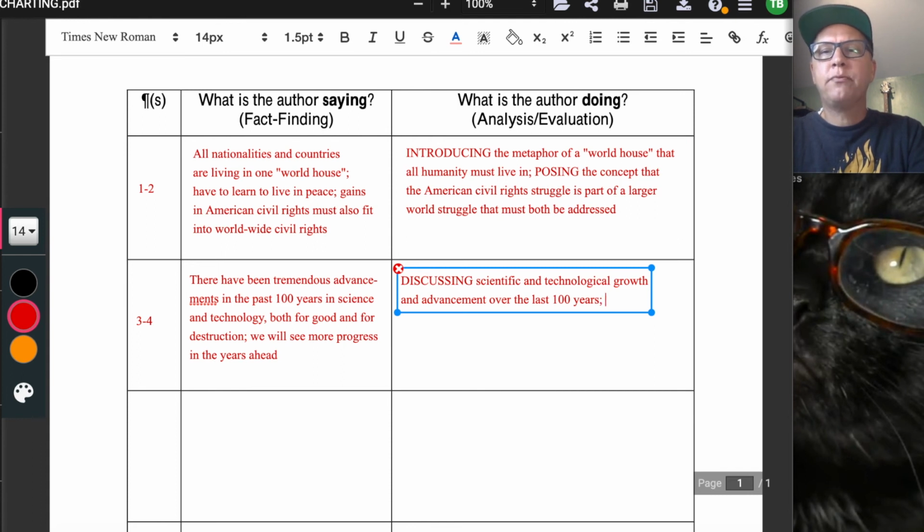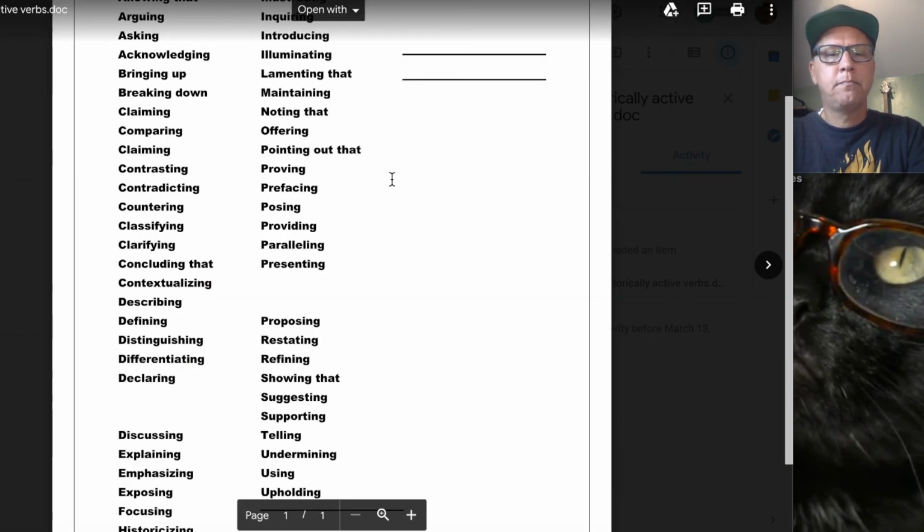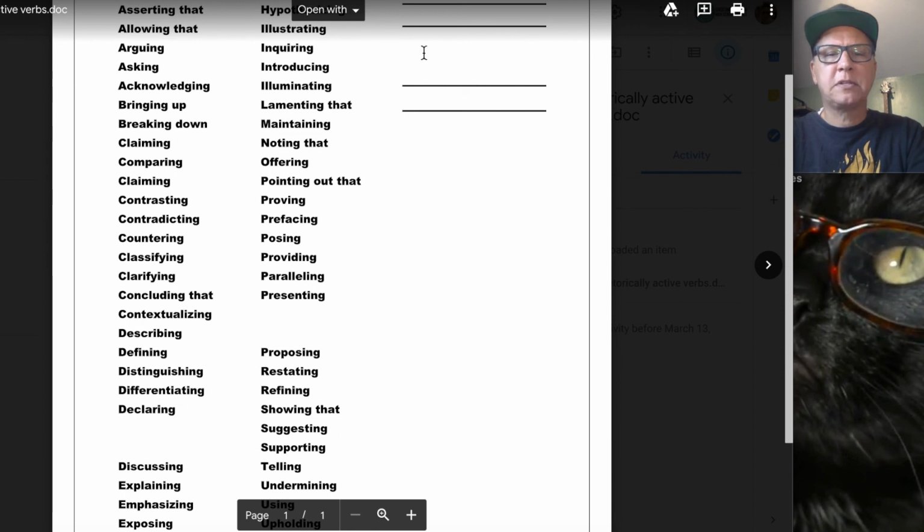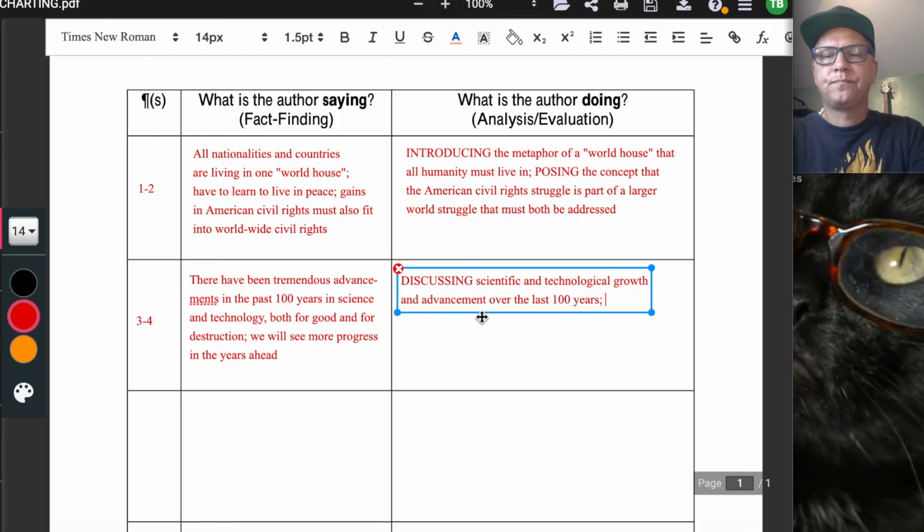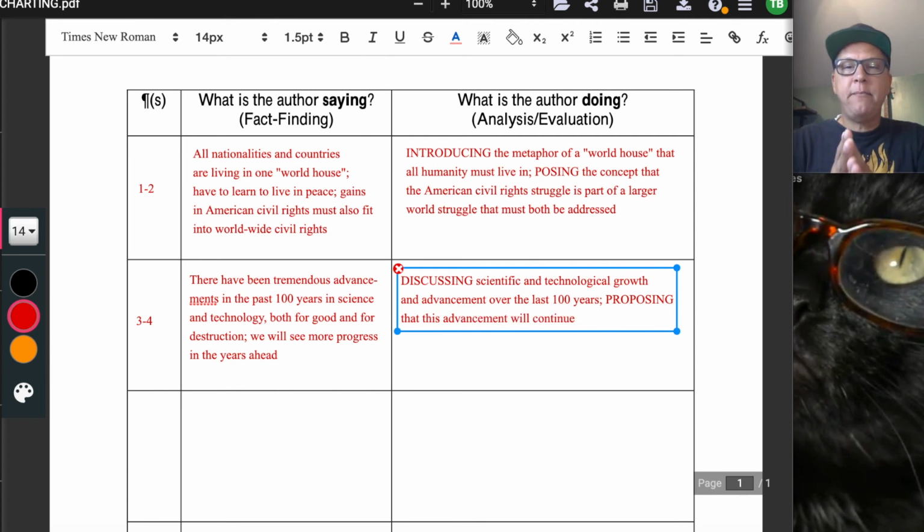And then he's probably proposing, maybe we'll just say proposing, speculating that this growth, this advancement will continue. Okay, so there's my doing for that.